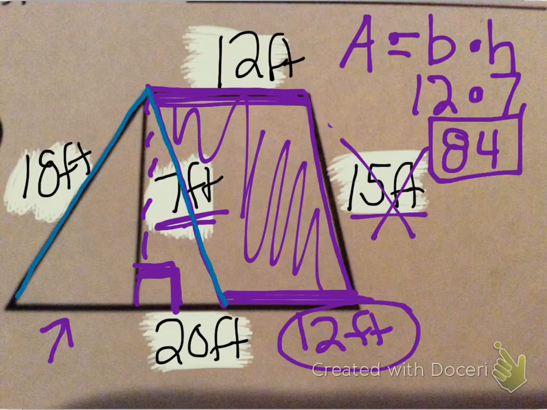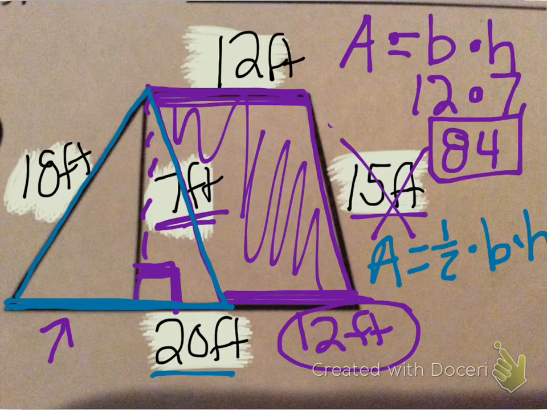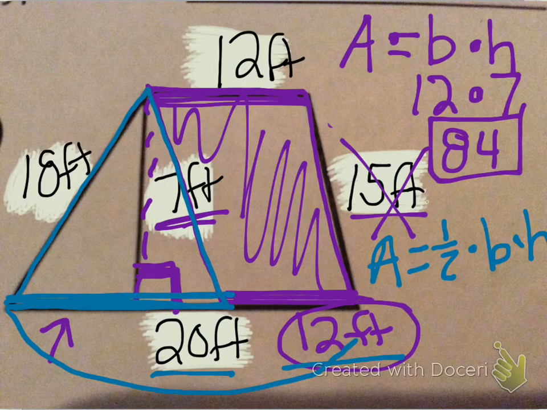and the formula, as we remember from the last section here, for a triangle is area equals 1/2 times the base times the height. So to find the base of our triangle, we need to use both the entire base and the base that we used for our parallelogram, because the 20 feet that's labeled there goes all the way across the shape, but we only need this part right here.